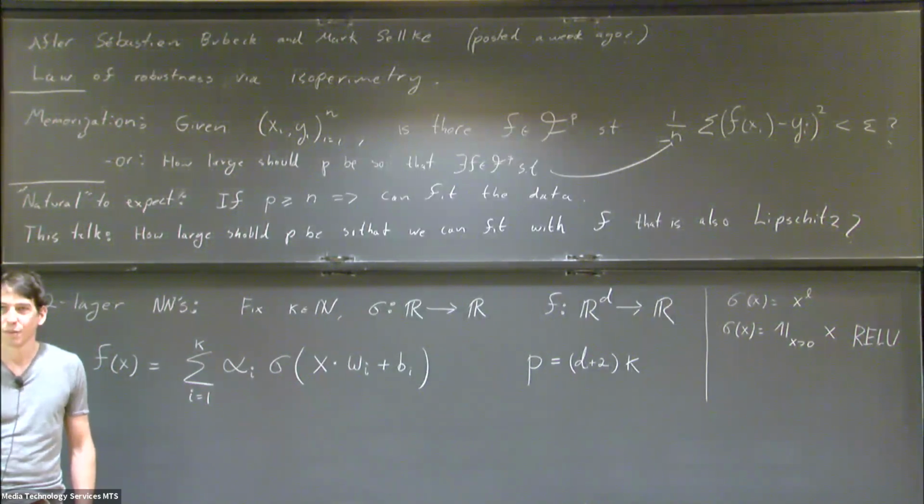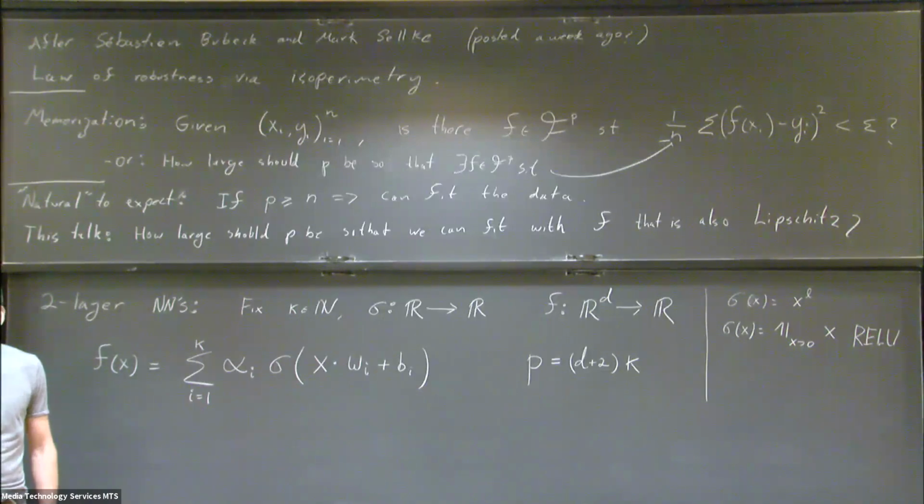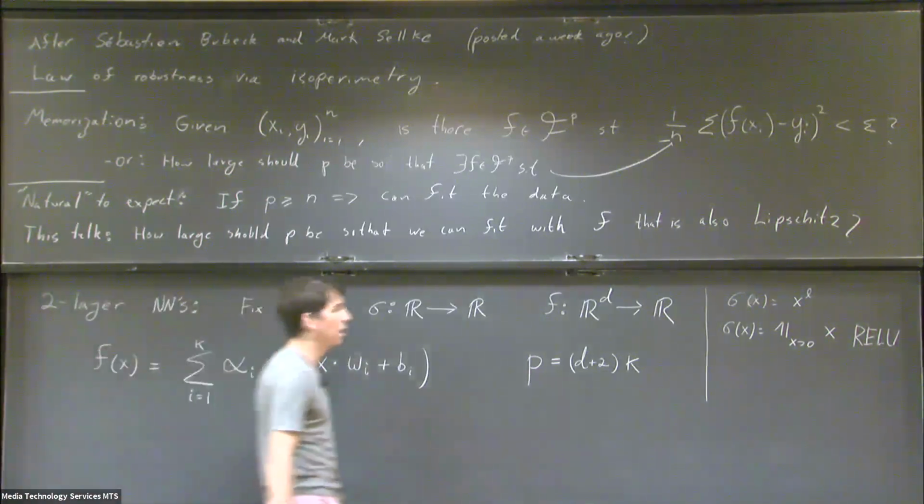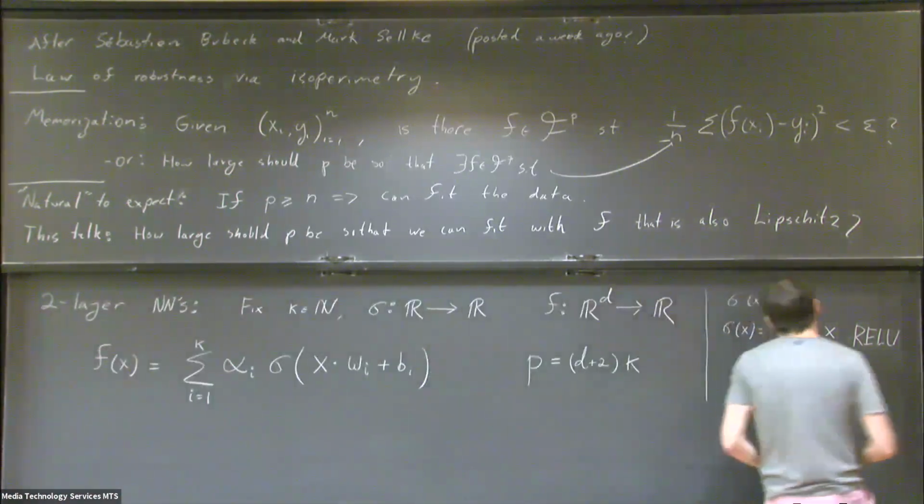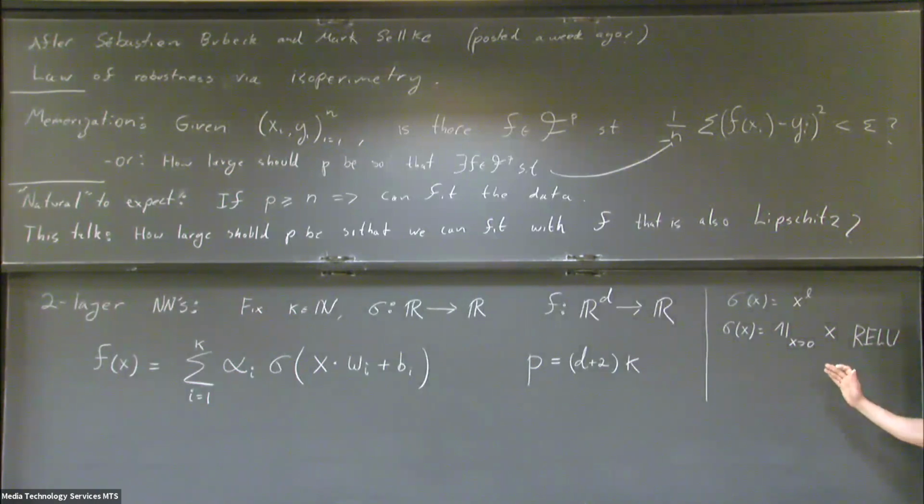Either the neuron is active or not, but there are various ways of smoothing it, of making it continuous.